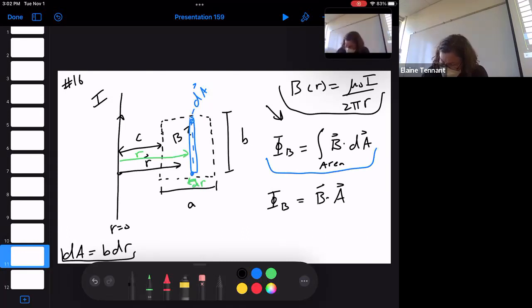What direction is the magnetic field in my rectangular region? Into the page. So I expect to see a magnetic field into the page here. What are the two directions my area vector could be in?